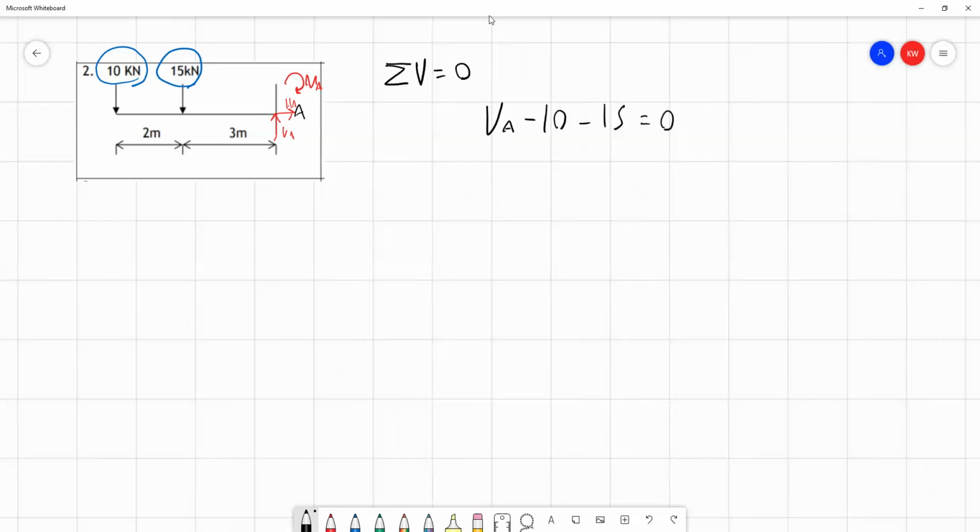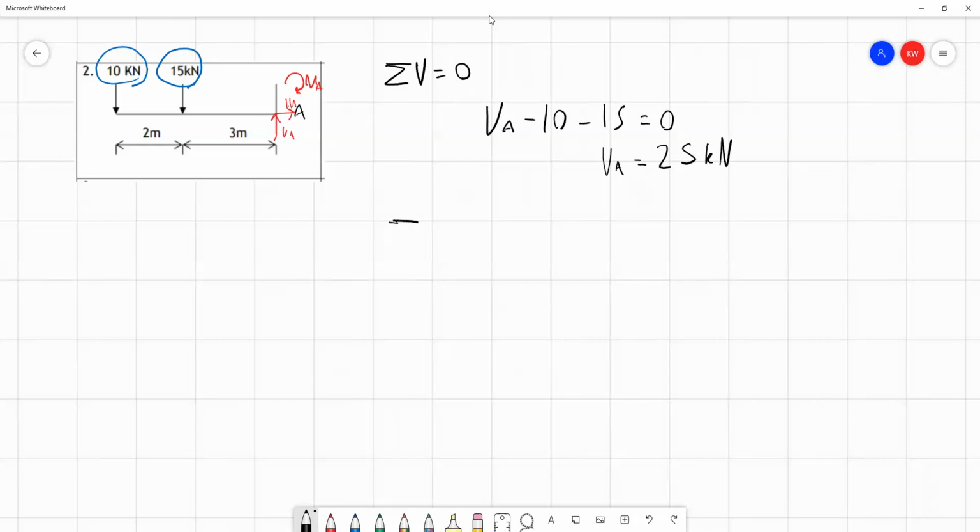So we only have one vertical reactive force, and it must be equal to the sum of all downward vertical forces. So VA is 25 kilonewtons. And at this point, we actually have all the information we need to do our shear force diagram, because that's all shear forces identified. But before we do that, we'll look at the moment.